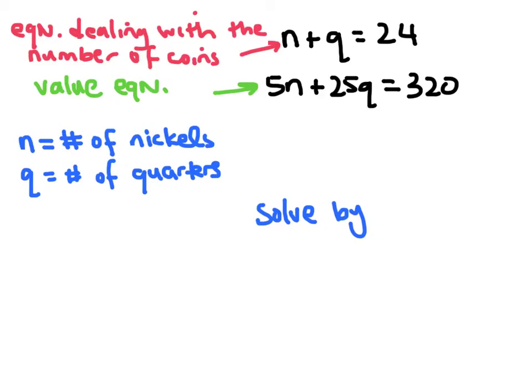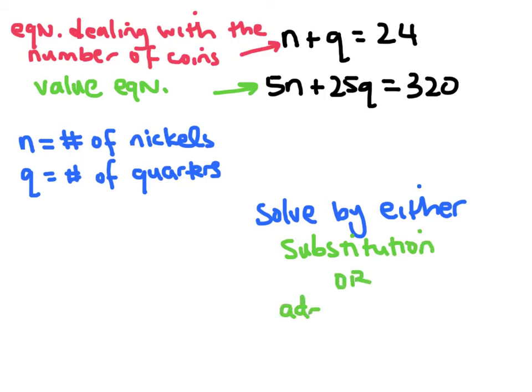So we usually prefer analytic techniques, or sometimes we call them algebraic techniques, so that we can solve these systems. And the 2 choices would be either the substitution method or the addition, or sometimes we call it the elimination method.